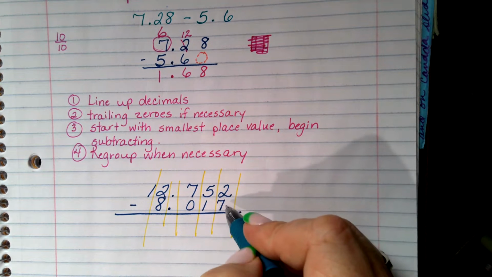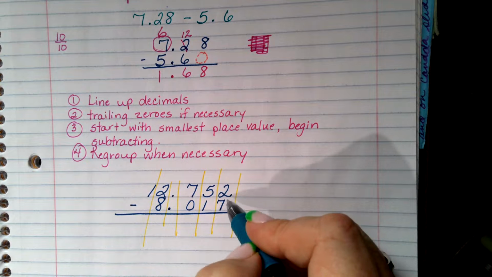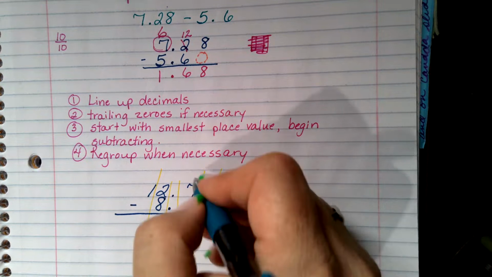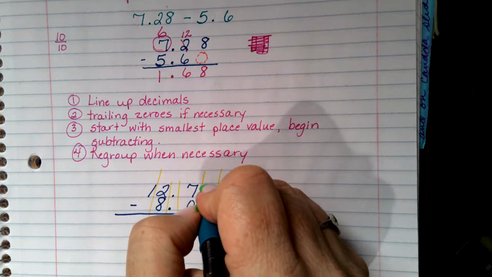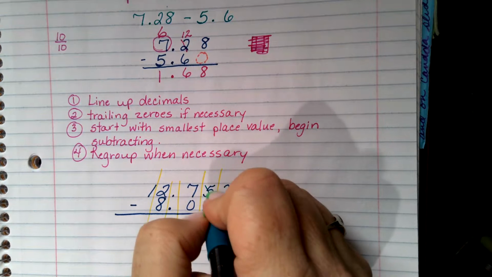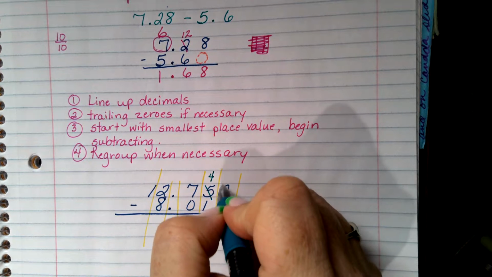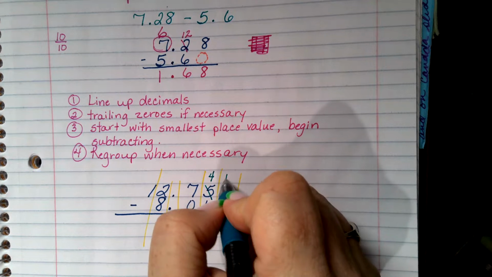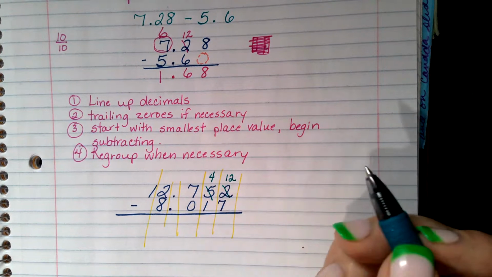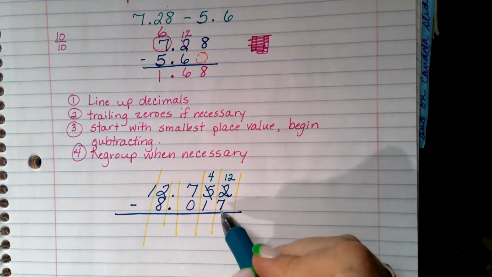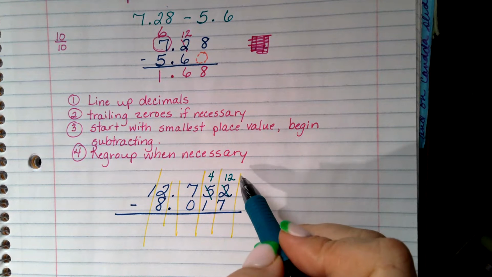2 minus 7. We can't take away 7 from 2, so we're going to have to break these hundredths into thousandths. The 5 becomes 4, and we move one whole over here, so the 2 becomes 12. So can we take 7 thousandths from 12 thousandths?